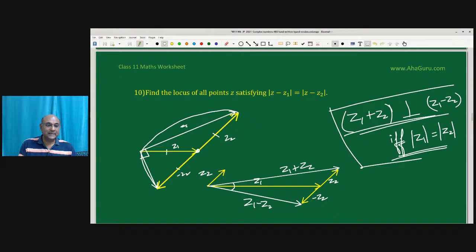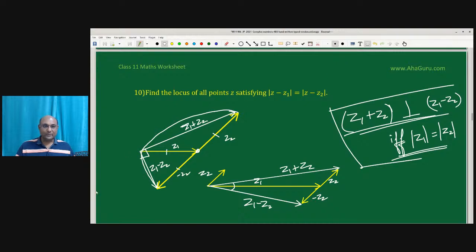This is Z1 plus Z2, this is Z1 minus Z2. So the angle between Z1 plus Z2 and Z1 minus Z2 must be 90 degrees. Okay. Whereas in general it's not true if the magnitudes are different. If the magnitudes are different, this will not be perpendicular to that. That was not the question, but anyway, since you asked.